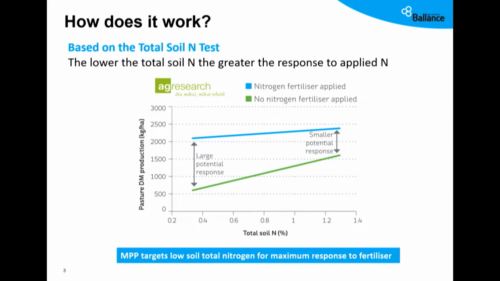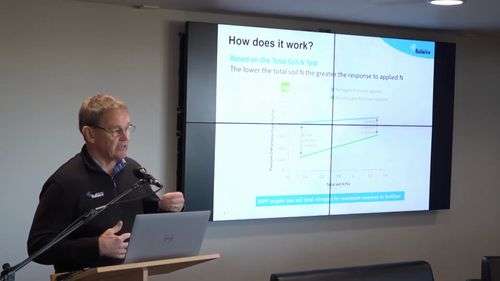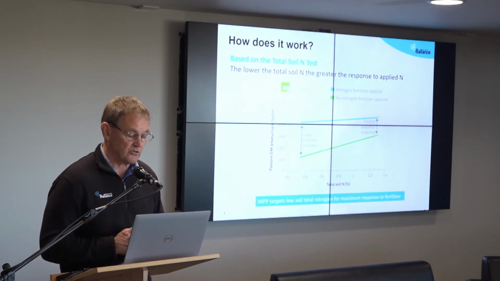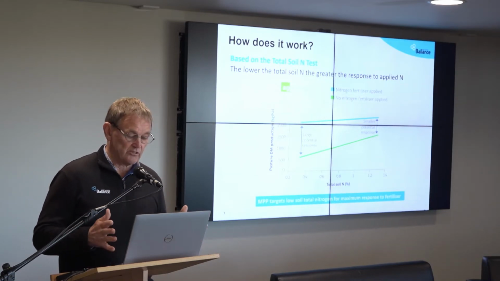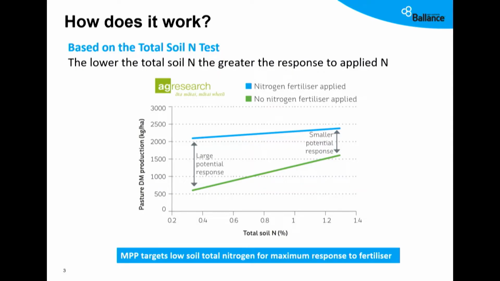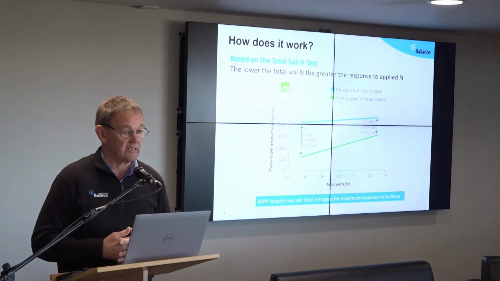What we did was we worked with AgResearch, and they had run a lot of trials throughout the country looking at response to applied nitrogen at various levels of total nitrogen in the soil. And the stylised graph was actually from real data, I haven't just made it up, showed quite clearly that the lower your total N content of the soil, the greater the response, or the greater the pasture response to each kilogram of nitrogen that you've applied, compared to at the higher total N content of that soil.